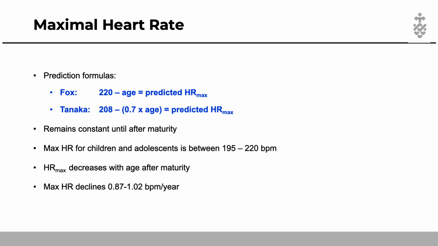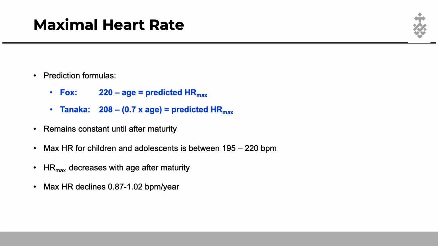So we take 208 minus your age times 0.7. And it's important to remember that both of these formulas give you an estimate or a prediction, so they're not 100% accurate. And the only way you're going to get a true measure of your maximal heart rate would be to actually get on that treadmill and do that all-out effort and see how high your heart rate actually gets.